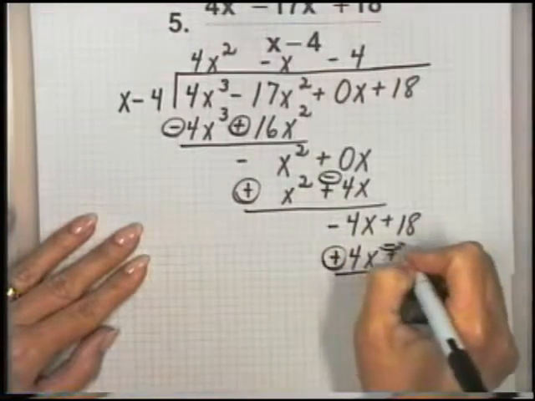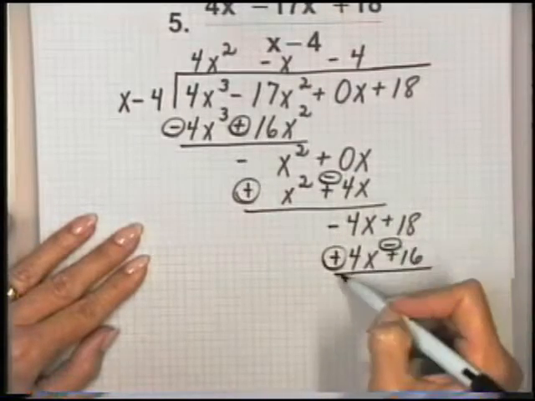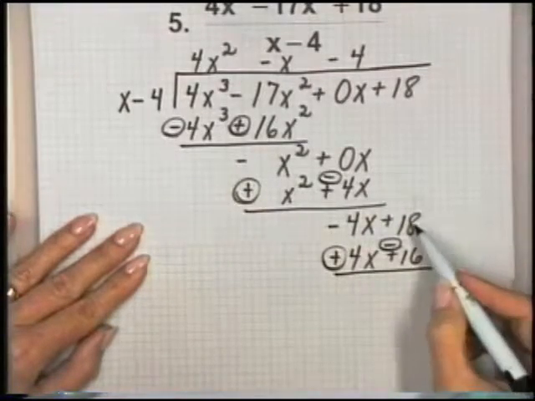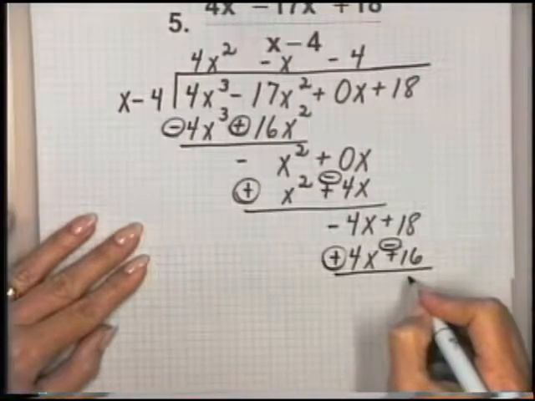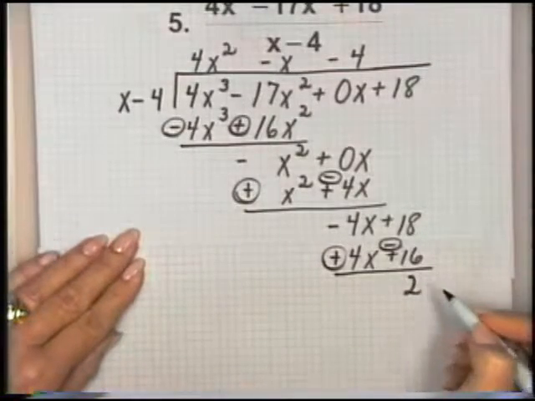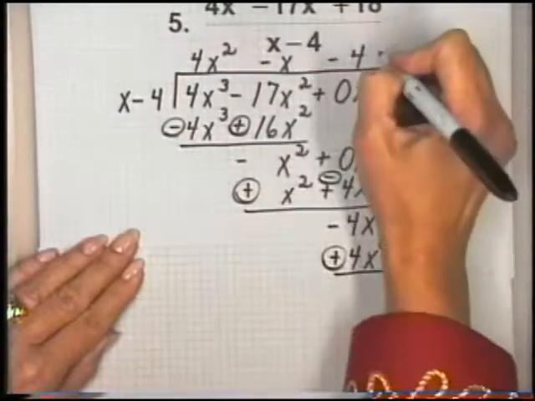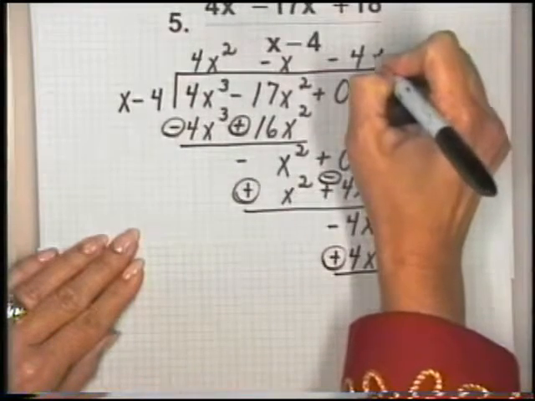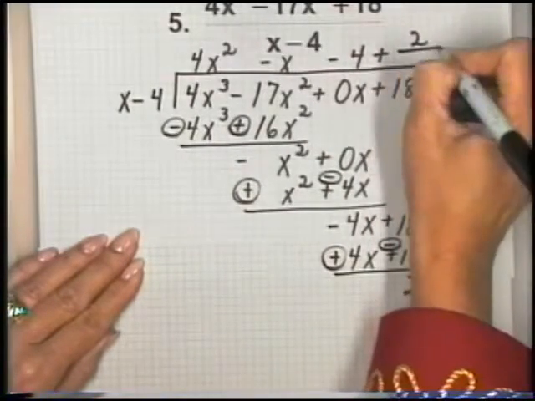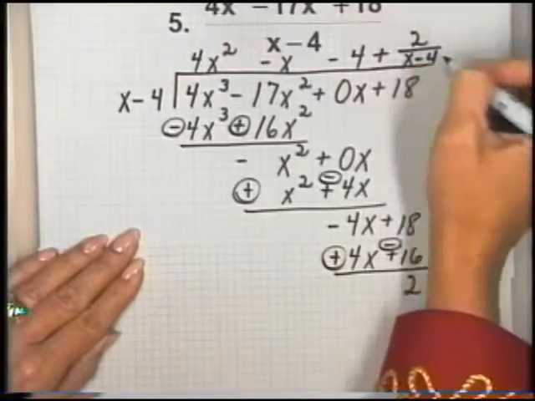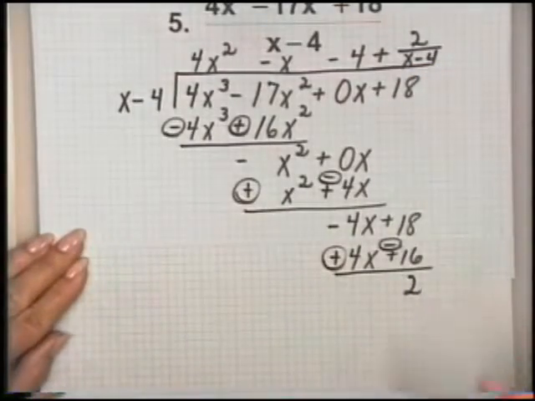Let's subtract by changing the signs. Minus 4x plus 4x is 0x. 18 subtract 16 is 2. So we have a remainder of 2. So we will write plus 2 over our divisor, x minus 4.